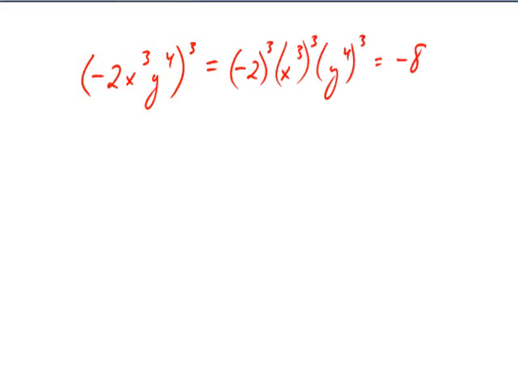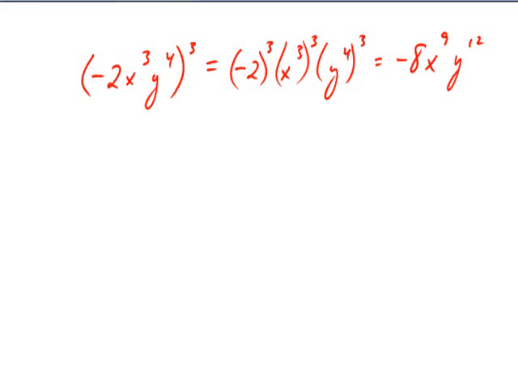Negative 2 raised to the third would give us negative 8. X to the ninth from raising a power to a power. Y to the 12th from raising a power to a power. So we used the product raised to a power rule, and then we also used the power rule to raise powers to powers.